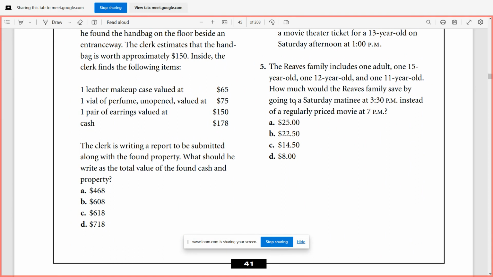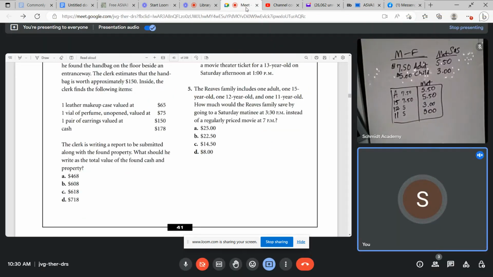So we write that down. And then the 12-year-old and the 11-year-old should get in for $3. And then if they went on a regularly priced time, it's going to cost $7.50 for an adult, $7.50 for a 15-year-old, and $5 for the 12-year-old and the 11-year-old.